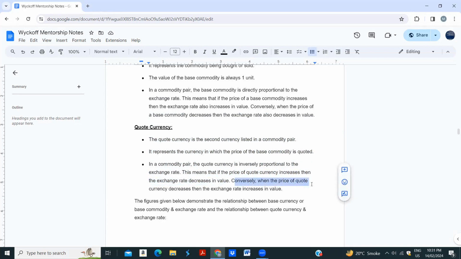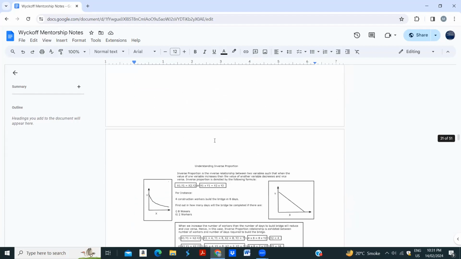Conversely, when the price of the quote currency decreases, then the exchange rate increases in value. So it's opposite, we have an inverse relationship. Now, the figure given below demonstrates the relationship between base currency or base commodity and exchange rate, and the relationship between quote currency and exchange rate. We're going to study these diagrams in detail now.